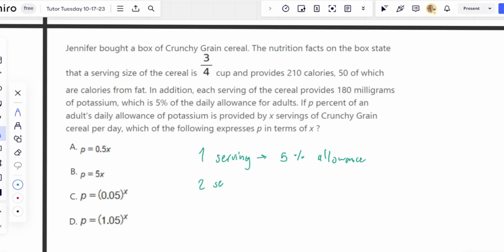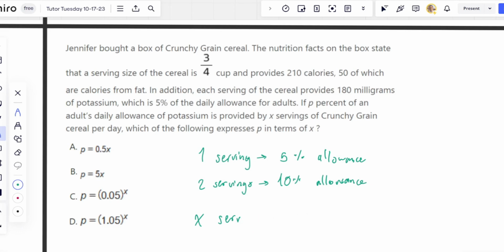In two servings, we would get our 10% daily allowance. And it looks like this is just a linear equation where it increases by 5% constantly. So I would say in X servings, we would get 5 times P% adults daily allowance.